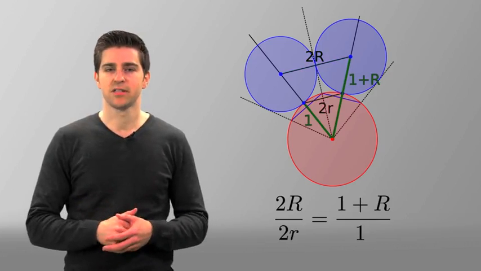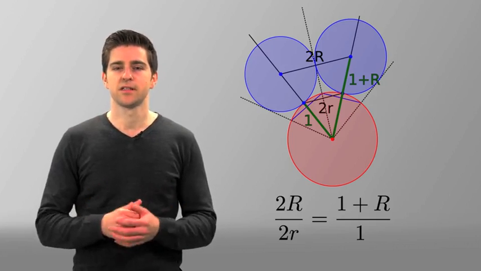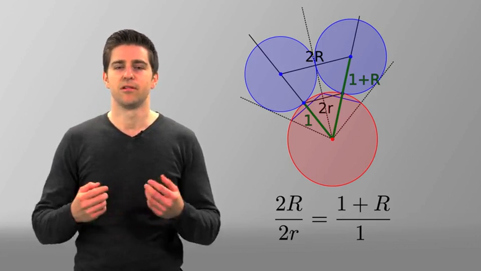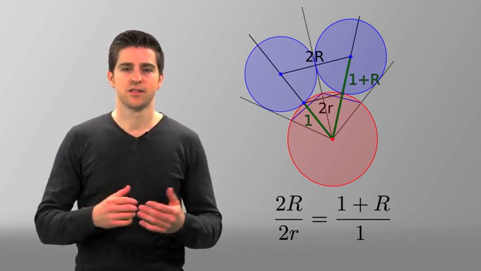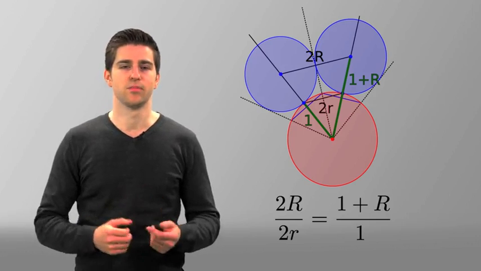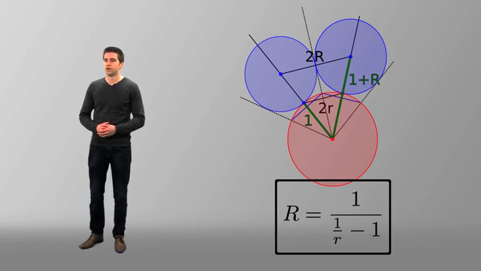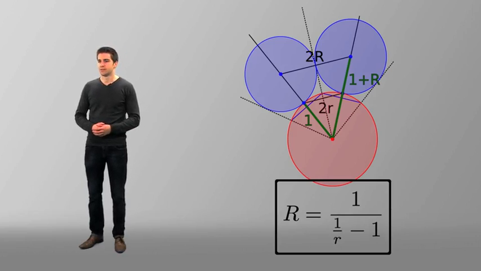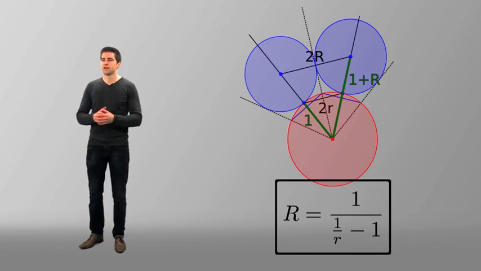You might remember this relation as Thales' theorem. It gives us a simple relation between the radii of disks touching on a sphere and spheres touching on a sphere. It is given by R equals 1 over lowercase r minus 1. Likewise, you can see that the disks have to be at least a distance of 2 lowercase r apart, lest they overlap.